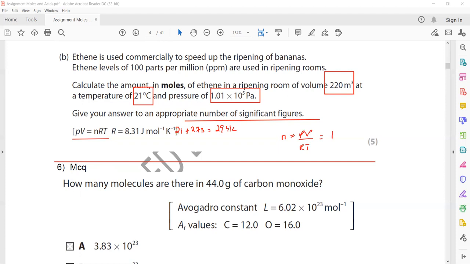So P is the pressure, which is 1.01 into 10 to the power 5 Pascal, multiplied by V, the volume, which is already in meter cube, 220. The general gas constant is 8.31 into the temperature in Kelvin, which is 294. So when we solve this, we'll get the number of moles. That will come out as 0.91 moles. The value of n is representing the number of moles.